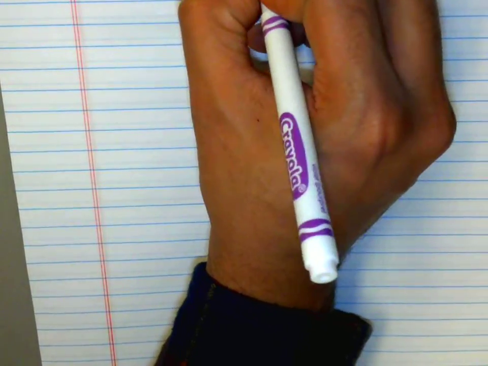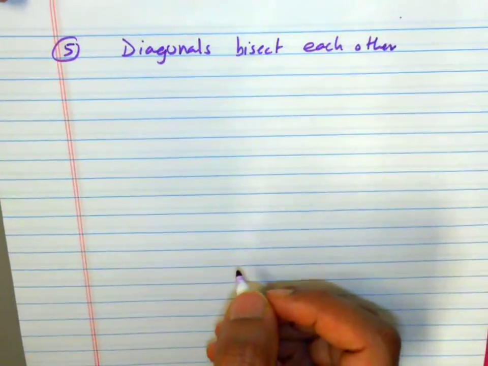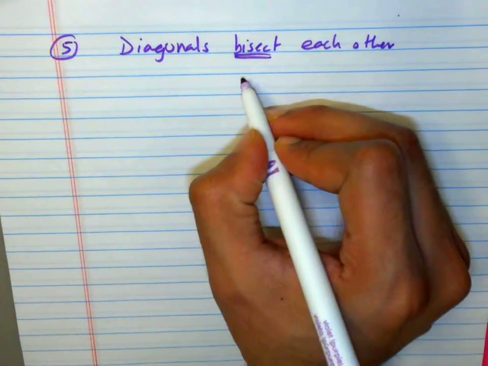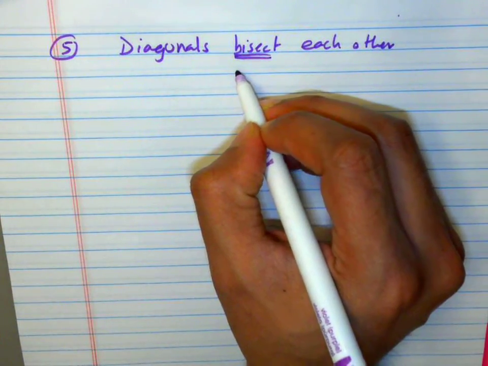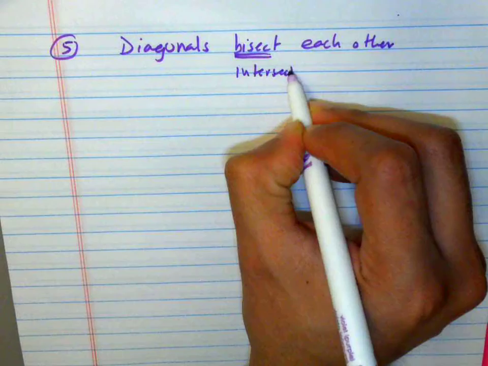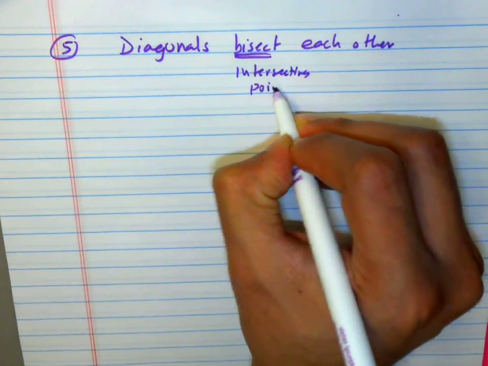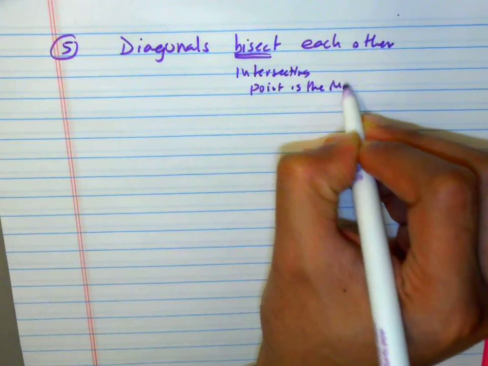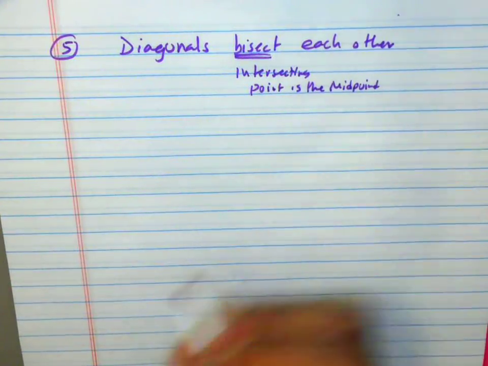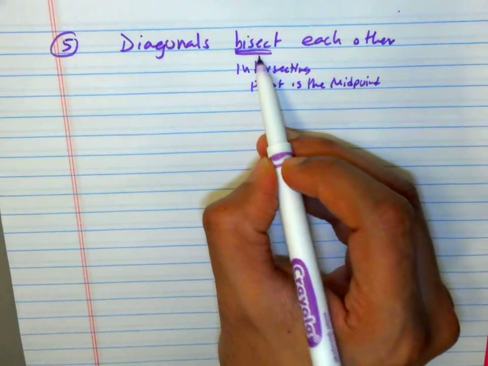Number 5, it says the diagonals bisect each other. Now this word tells you that when a line bisects, the intersecting point is the midpoint. Okay? This is what it means to bisect.